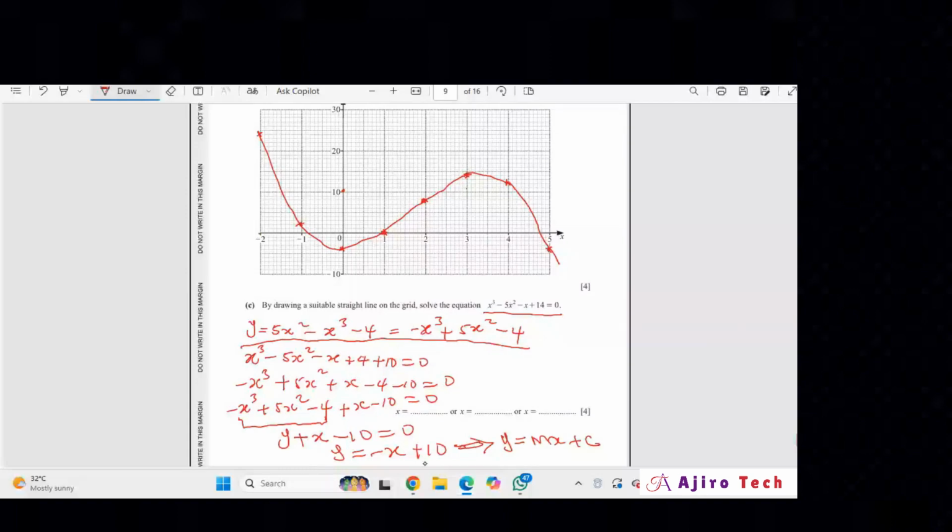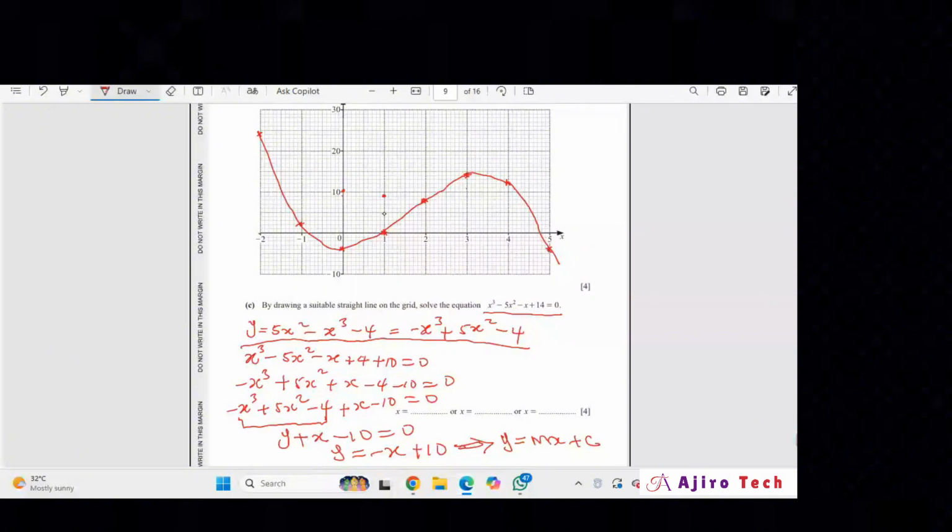Then your gradient is negative 1, so you move down 1 and take it to 1 here. I move down because it's negative.